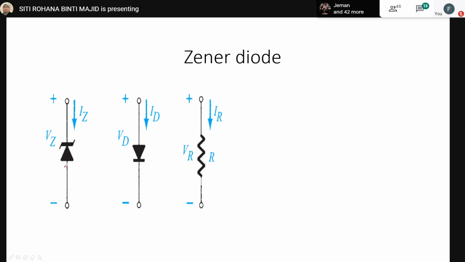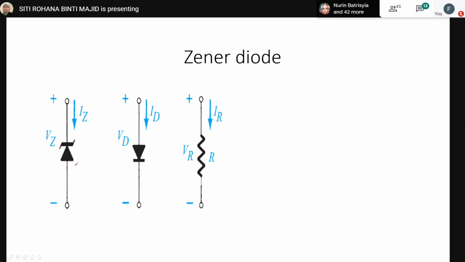For a semiconductor diode, the on state will support a current in the direction of the arrow in the symbol. But for the Zener diode here, the direction of conduction is opposite to that of the arrow in the symbol.